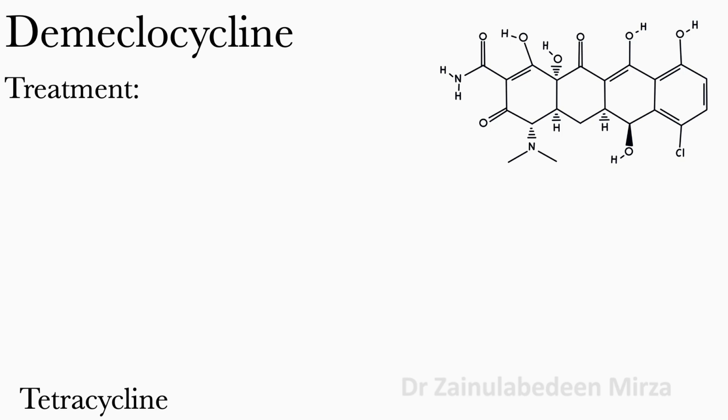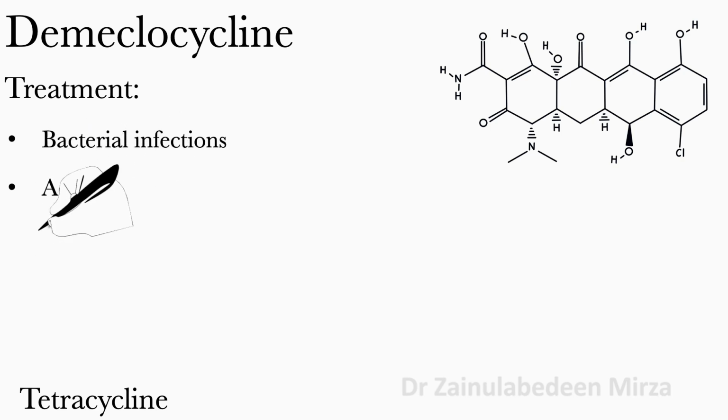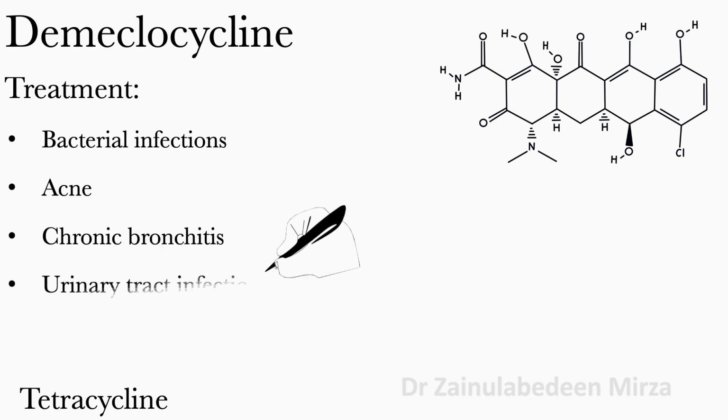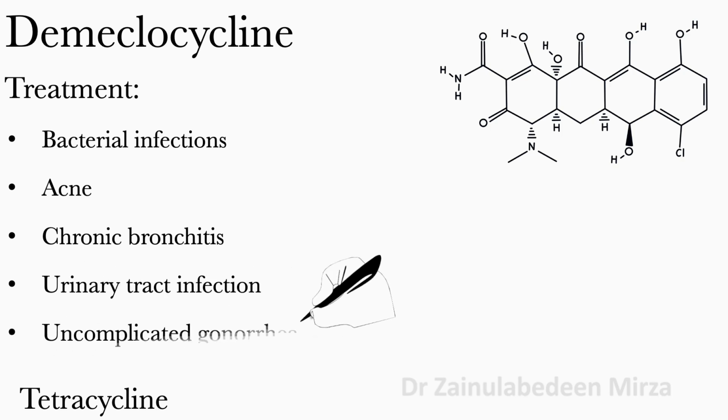Demeclocycline is used to treat a wide variety of bacterial infections, and it works by stopping the growth of bacteria. Demeclocycline is used to treat acne, chronic bronchitis, urinary tract infections, and complicated gonorrhea.